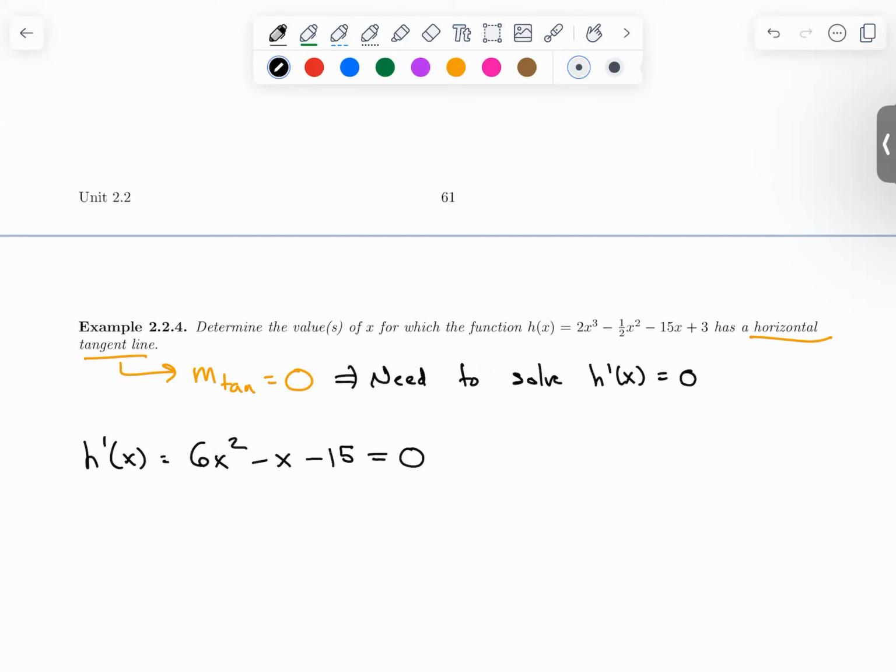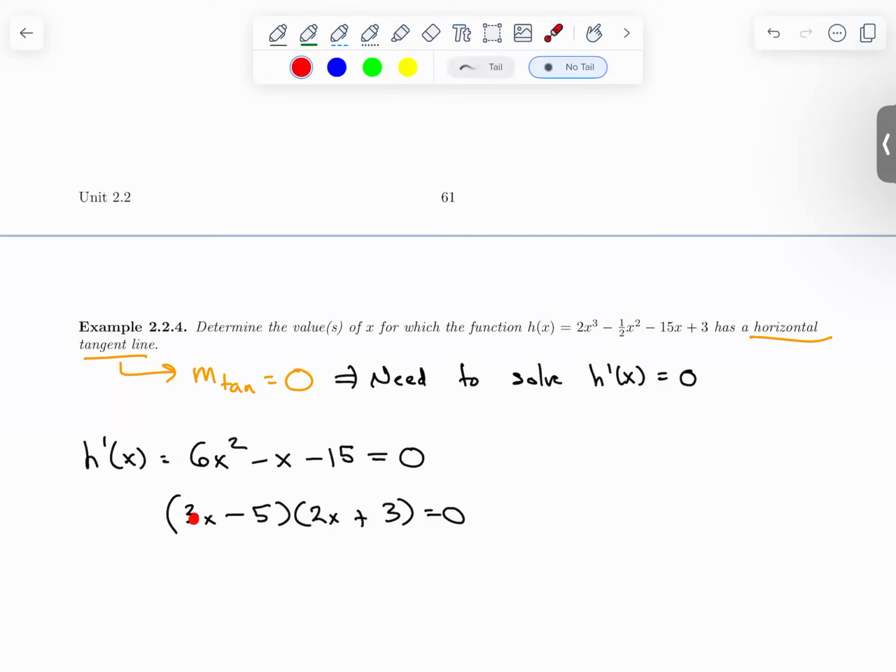Anything's fine with me. This should be 6 and 1 should not work. So 3x, 2x, 3 and 5, minus plus, right? Negative 10x plus 9x. Yeah, good.